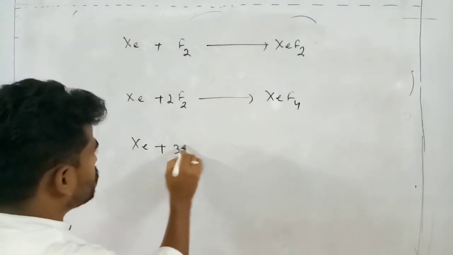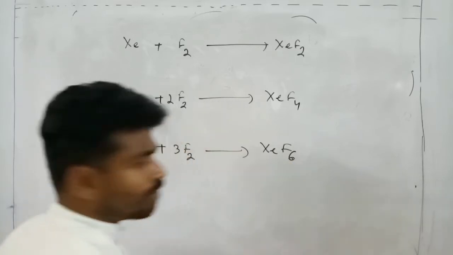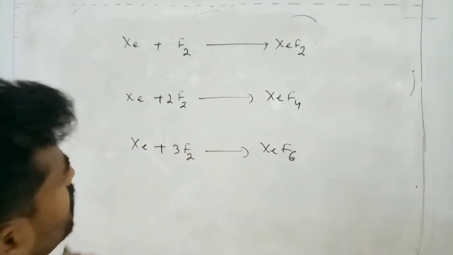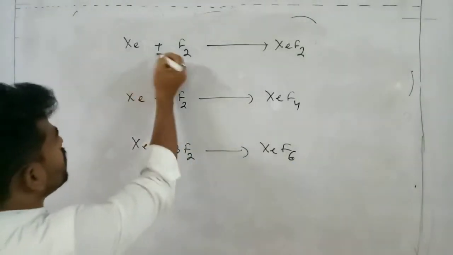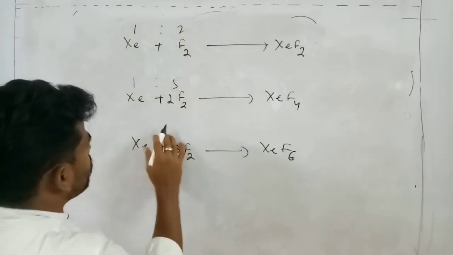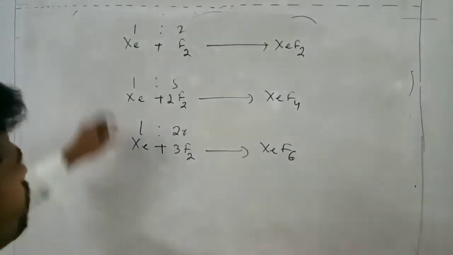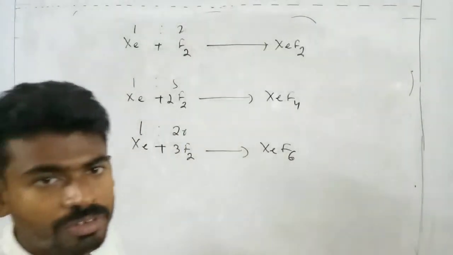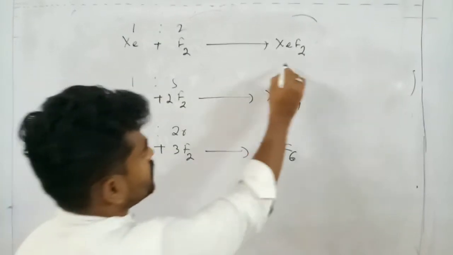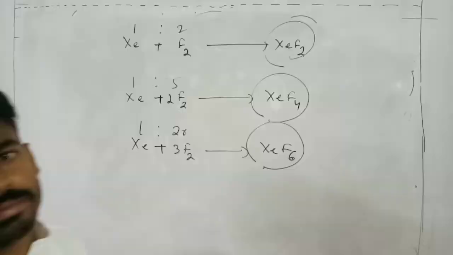Xenon combines with fluorine to form xenon hexafluoride. So here certain temperature conditions are there. Just remember, the ratio is 1:2, 1:5, and 1:3. You can remember like 12, 15, 120. So this is the formation of xenon difluoride, xenon tetrafluoride, and xenon hexafluoride.